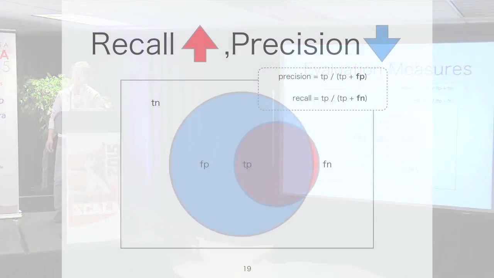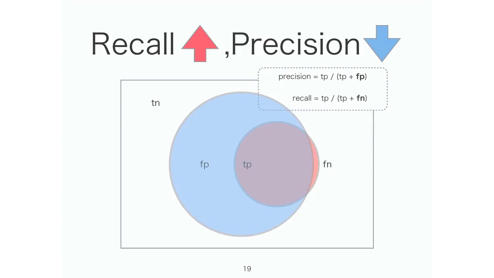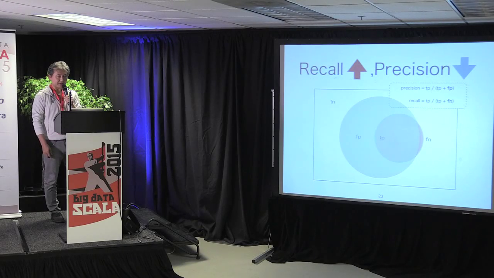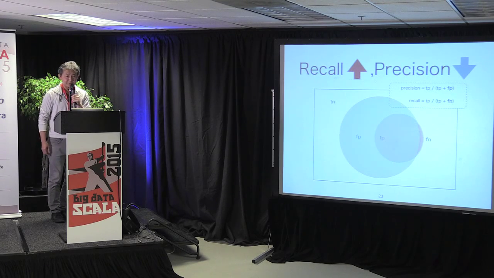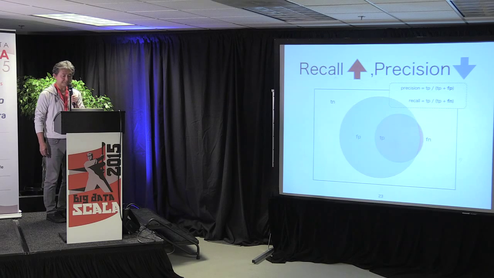Why does this happen? In order to implement a search engine with high recall, you need to adjust it so that it can produce a larger result set. Then, the result set covers almost the entire target set. As you can see, it makes FN smaller, and you get a high recall number.